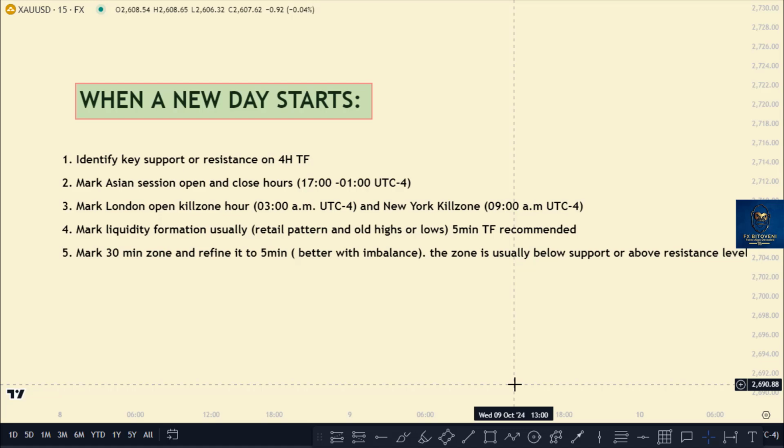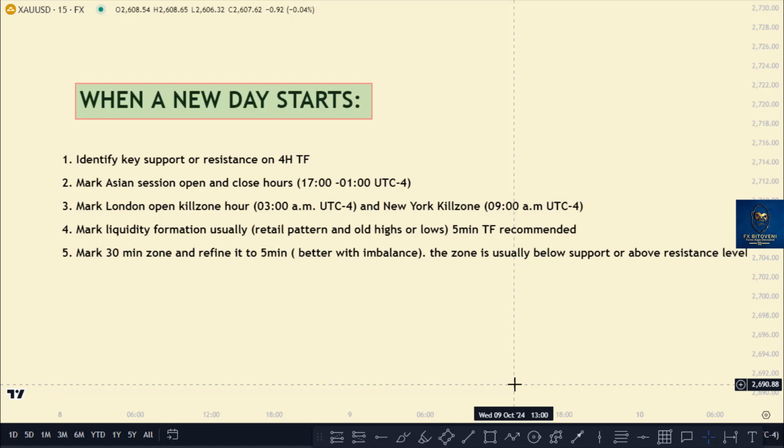Mark the London open kill zone hour, which is 3 a.m. UTC -4, and the New York kill zone, which is 9 a.m. UTC -4. Mark liquidity formation, usually retail patterns and all the highs or lows, on a 5-minute time frame. So the 5-minute time frame is recommended.